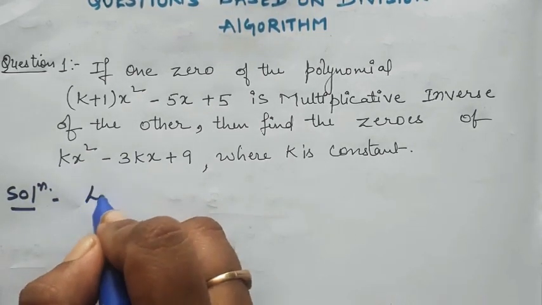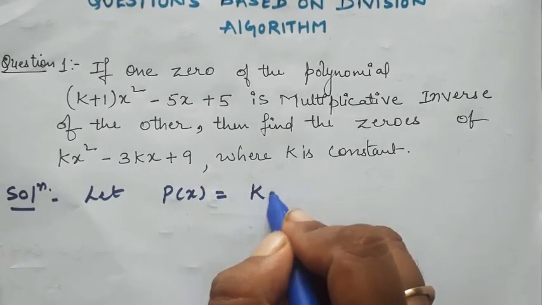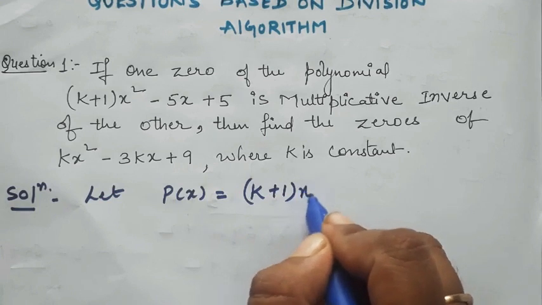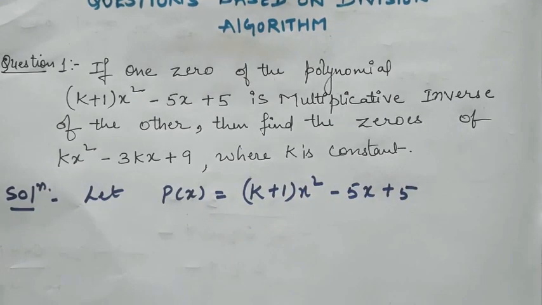So let p(x) equal (k plus 1)x square minus 5x plus 5.